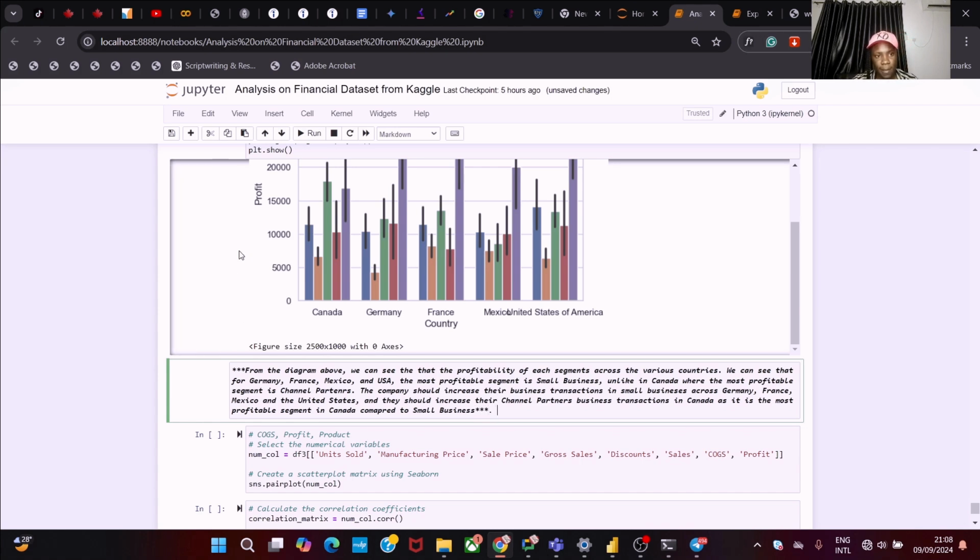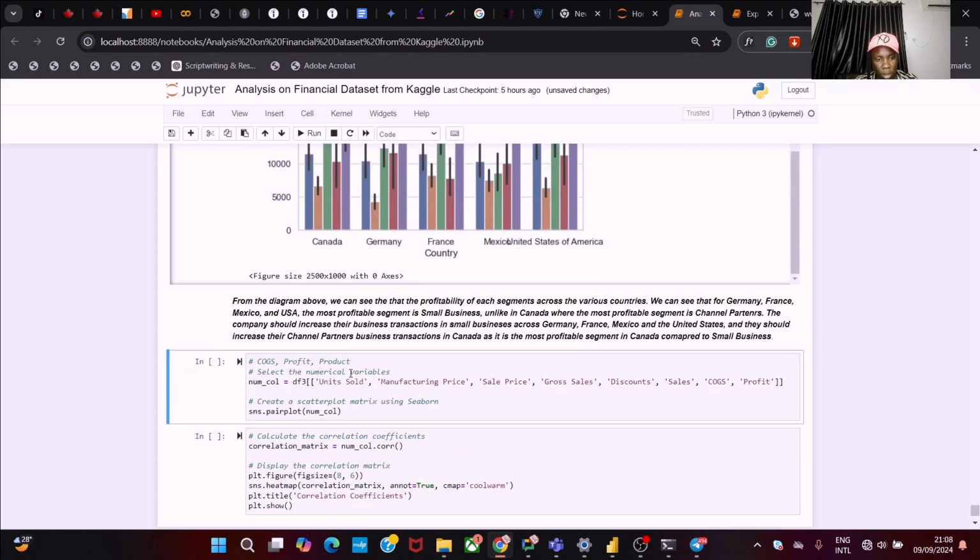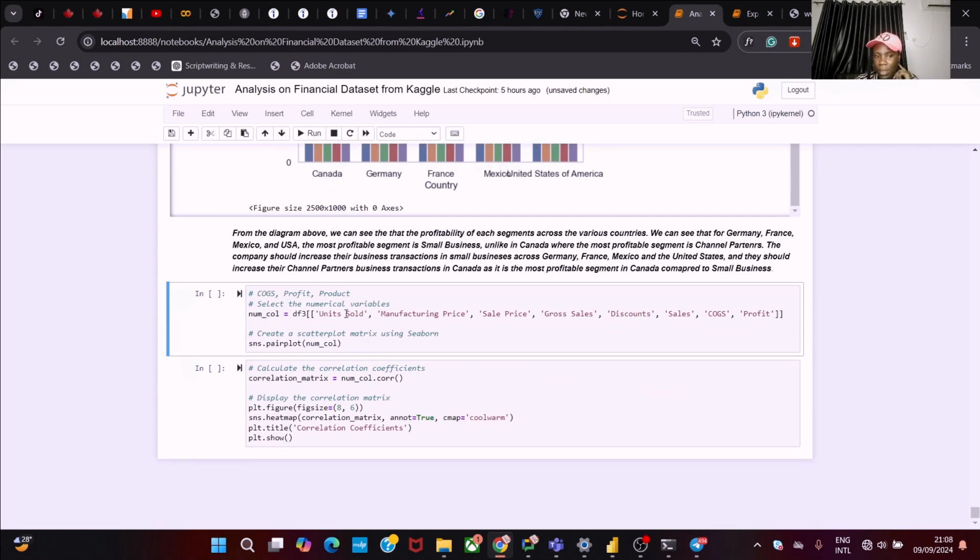Okay, so this is it for this particular visualization. All right. So the next thing we are going to be looking at is the cost of goods, profits, and products. Okay. Now let's visualize this. It's coming up.